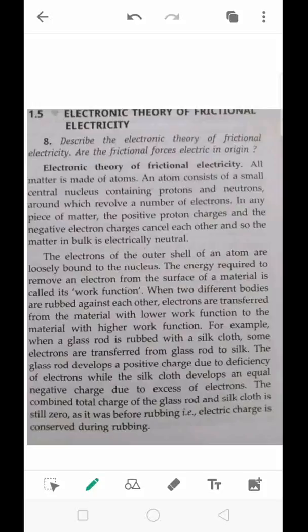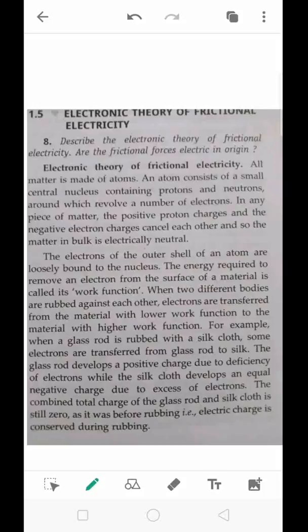We have already understood that the magnitude is 1.6 × 10^-19 coulombs. Now we can say the charge of an electron is -1.6 × 10^-19 coulombs and the charge of a proton is +1.6 × 10^-19 coulombs. So it shows that both of them are differently massed particles but have the same magnitude of charge, and the charge is only different, right?